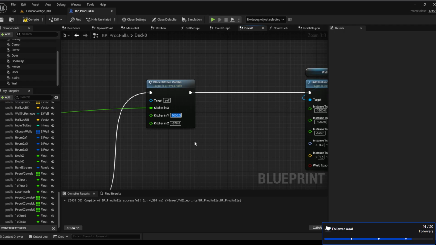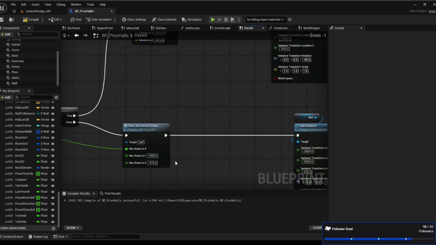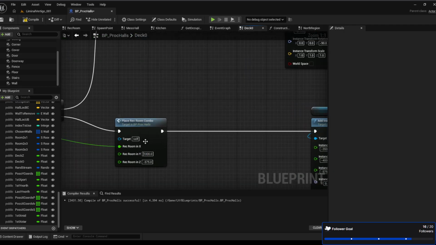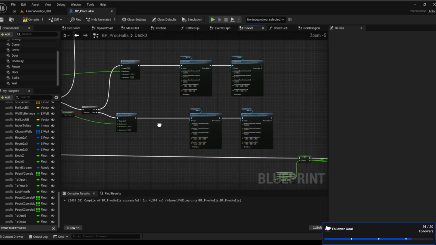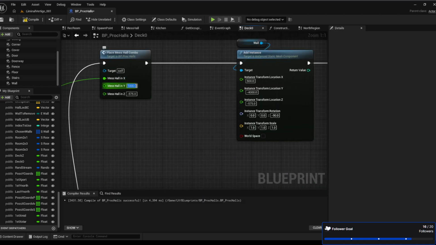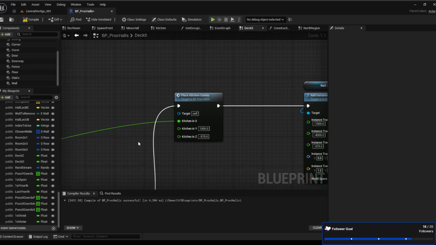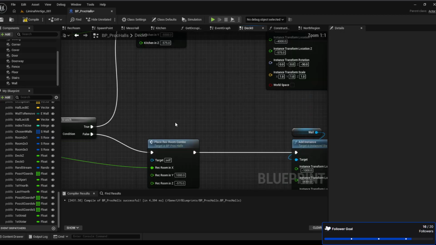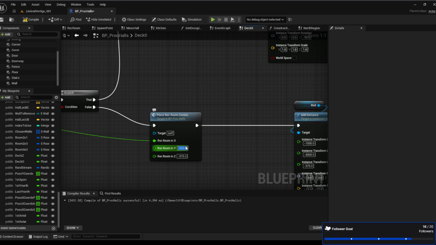Paste here. And paste here. Okay. Up here we paste here. Down here we paste here. And we paste here.